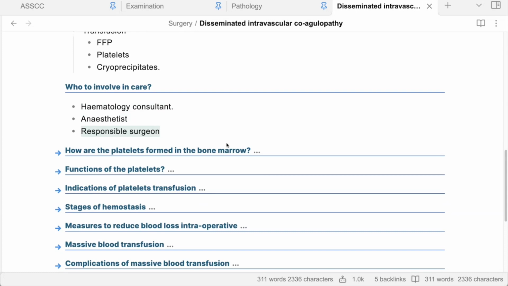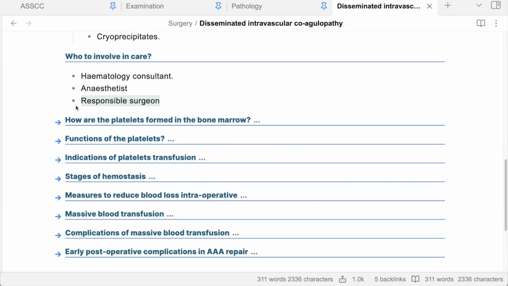How are the platelets formed from the bone marrow? Bone marrow has giant cells known as megakaryocytes, and they're responsible for formation of the platelets. Yes, that's all. So megakaryocytes by fragmentation.